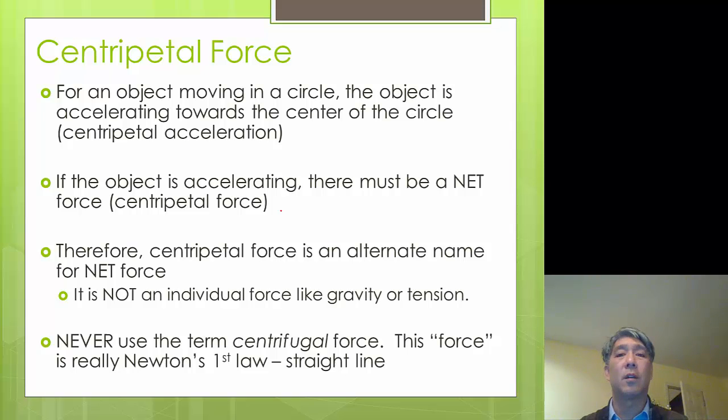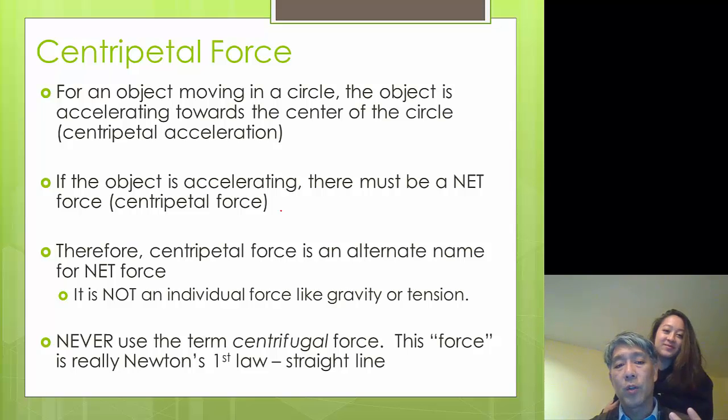The reason is that it's not a force, it's the net force. This is the net acceleration times the mass. So we have to avoid using the term centripetal force as an actual force.